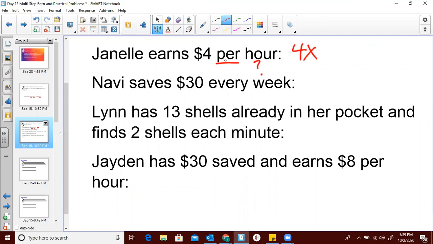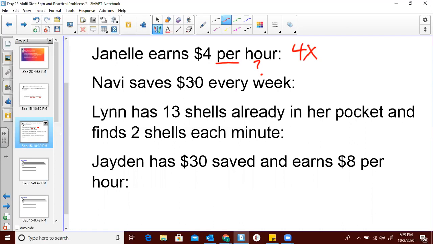This per lets us know that we have $4 per hour. So per is kind of like our hint that there's going to be a variable introduced. And it's also going to be based on multiplication.